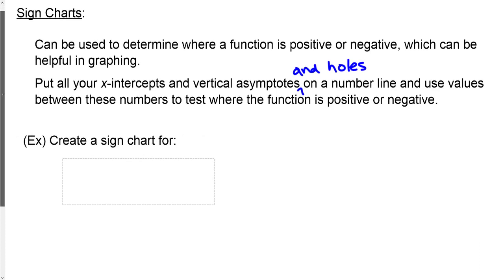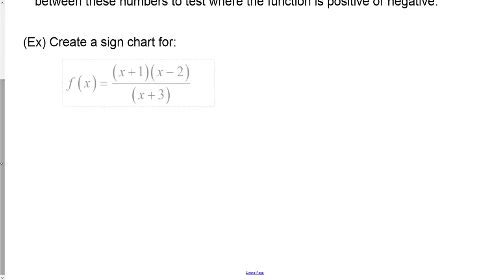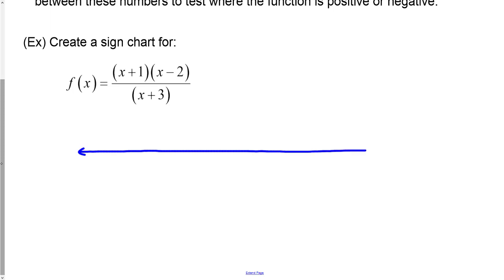So let's create a sign chart for this function right here. And I'm going ahead and writing it in factored form so that we don't have to go through the steps of factoring first. All right, so it's a number line. And I'm going to put the location of vertical asymptotes and x-intercepts on this line.